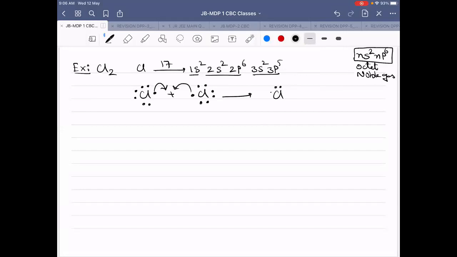Cl-Cl bond. These are the lone pairs. Unshared electron pairs, unbonded electron pairs are called lone pairs. This is a lone pair, lone pair, and so on. This is a bonded pair. I'll write all lone pairs with the blue.